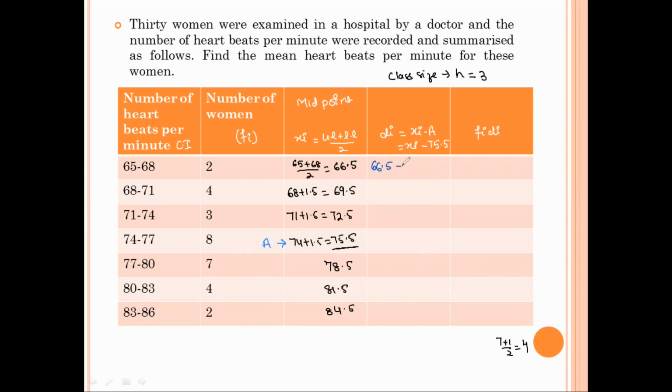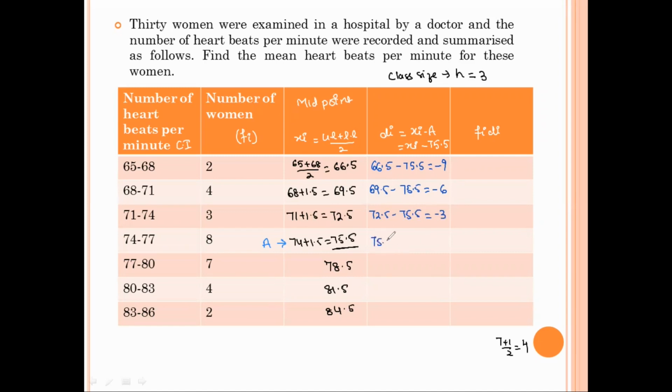66.5 minus 75.5, इसका डिफरेंस क्या है हमारे पास, that is equals to -9. Now similarly 69.5 minus 75.5, इसका डिफरेंस is -6. Now next is 72.5 minus 75.5 is -3.